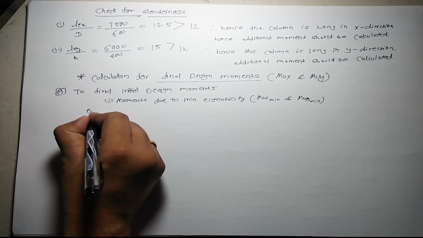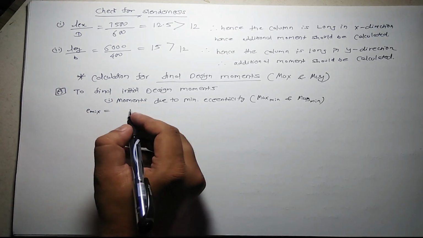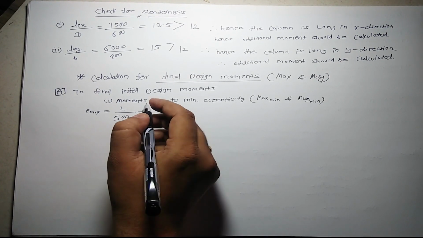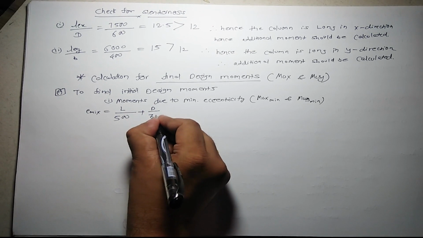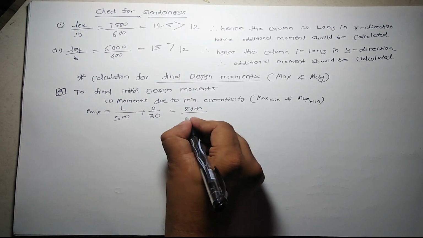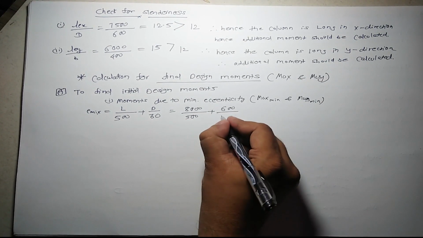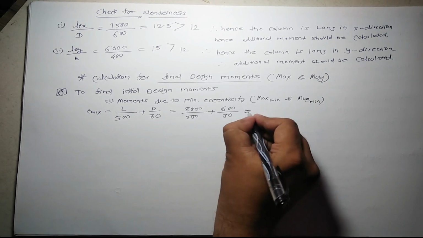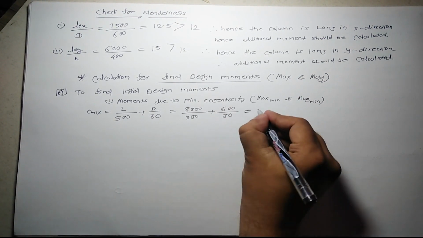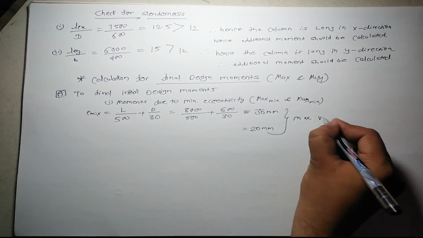Then e minimum x equals either L by 500 plus D by 30, which is 8000 mm upon 500 plus 600 upon 30, or a minimum of 20 mm. It is coming to 36 mm, and we need to pick the maximum value.